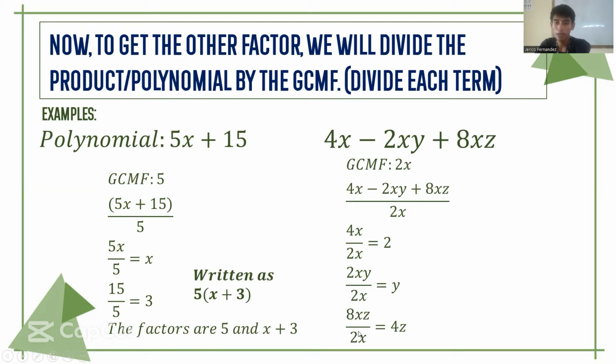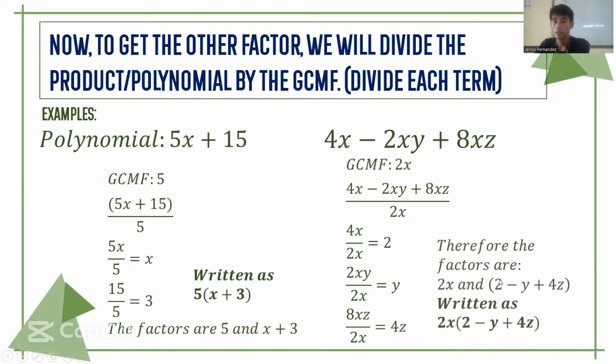And 8xz divided by 2x, we have 4z. Kasi 8 divided by 2 is 4. Cancel na si x. We have z. Okay? And the factors are 2x and 2 minus y plus 4z. Written as 2x times 2 minus y plus 4z. So that's how we get the other factor when we already have the greatest common monomial factor.